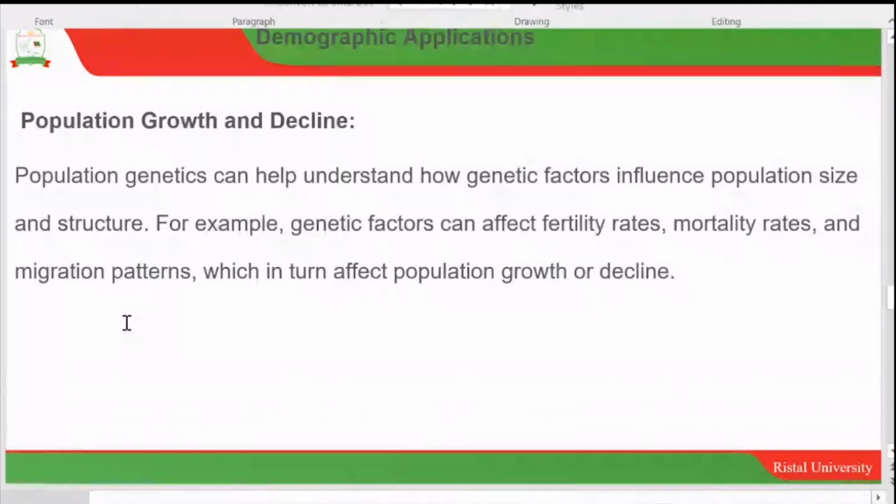Therefore it is important to understand how they affect your population migration patterns, fertility rates, and also the mortality rates.